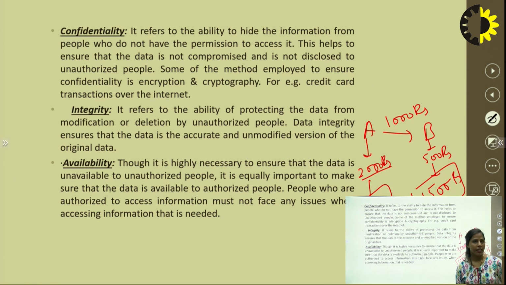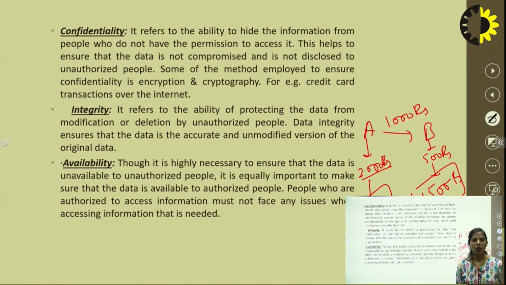What is availability? Whatever data we are storing on the server, or transferring from one place to another, the person who has the accessibility power can access it. That is availability. For example, data should not be available to unauthorized people. Only authorized people should access the data.